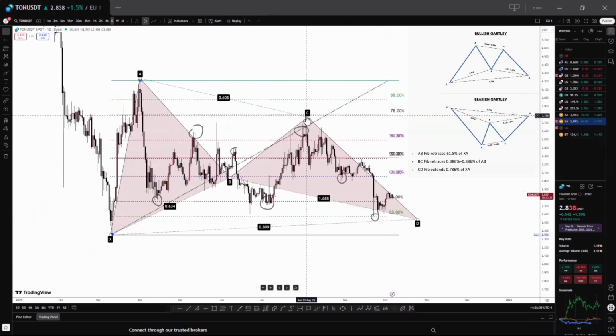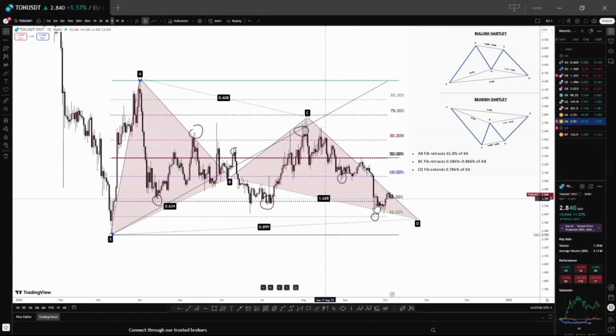And from C to D, this has to be around 61.8. So we have 61.8. This is, remember, for those of you who have not watched the series, these are in percentage. Okay, I'm calling them 61.8 because I'm calling them in ratios.